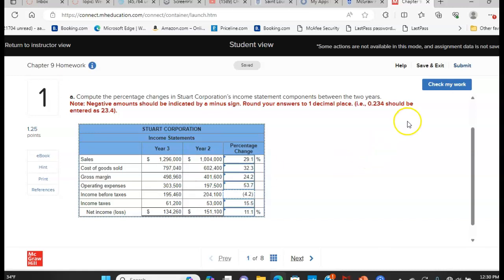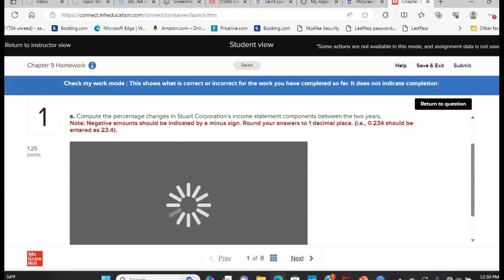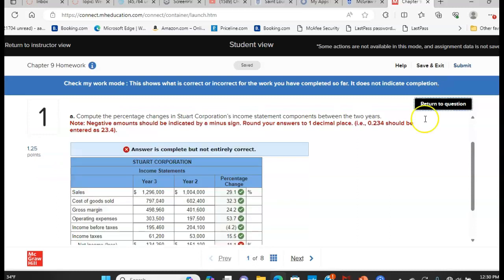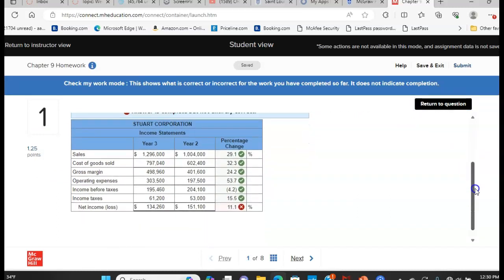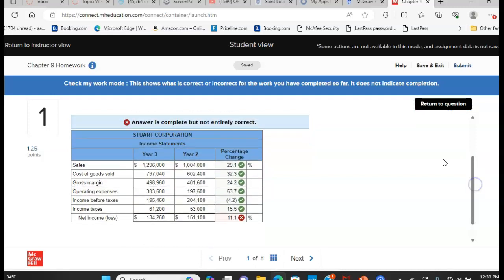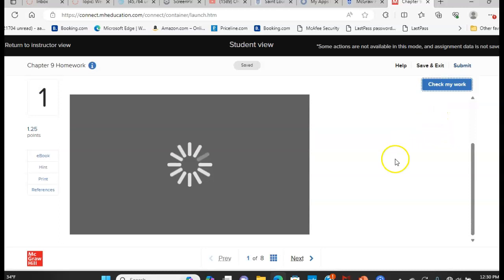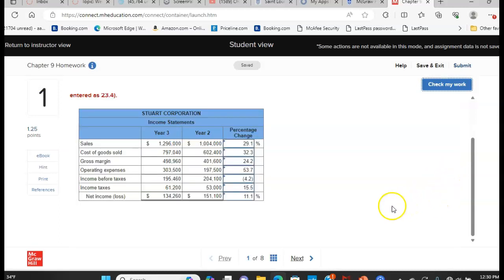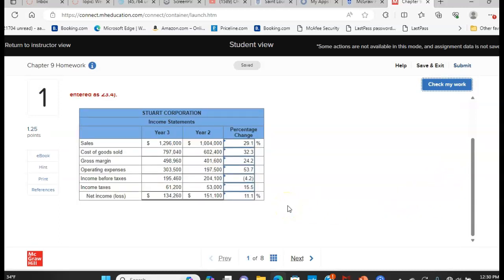Okay, so let's check our work. Uh-oh, everything was good except for the last one. So let's return back to the question and redo the one for the net income. Oh, you know what? An error: that should have been a negative because it decreased.